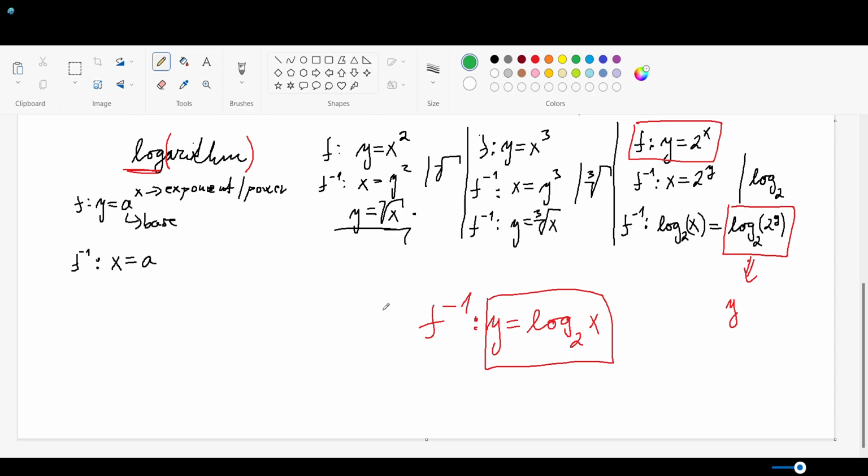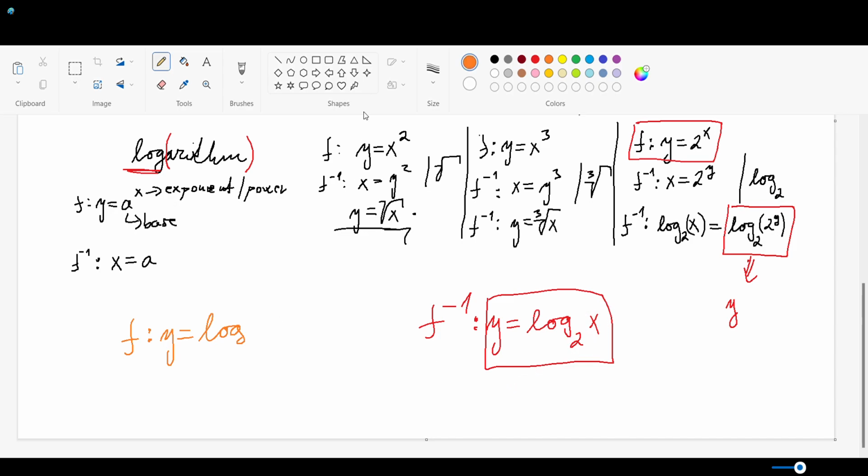So the logarithmic function in general is defined by this equation. F is defined by the equation y equals log, and what can you see here? This is our base and this is our unknown, and y is the value of the function.